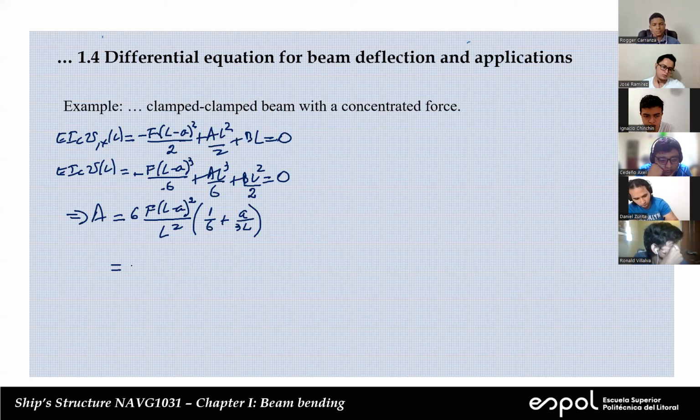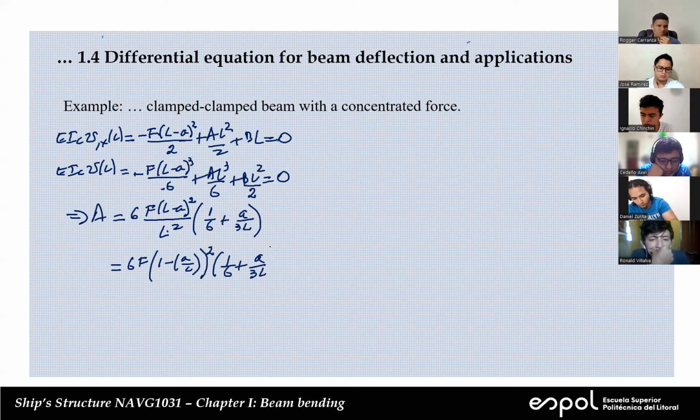A little bit differently, we can say that this is 6F, and this L we could put inside, so it's going to be 1 minus a over L, and then squared, times 1/6 plus a over 3L. This is A. Everybody with me?